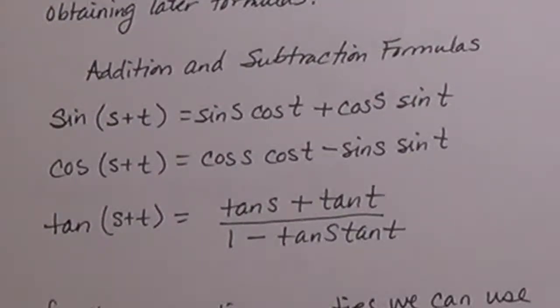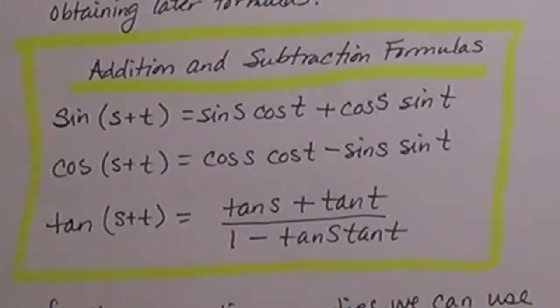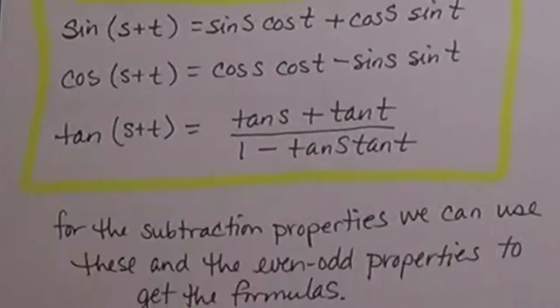Cosine of s plus t is cosine of s cosine t minus sine of s sine of t. And tangent of s plus t is tangent of s plus tangent of t divided by 1 minus tangent of s tangent of t. Again, you don't need to memorize these, but you should reference them in your textbook or some other source and keep them for later use.